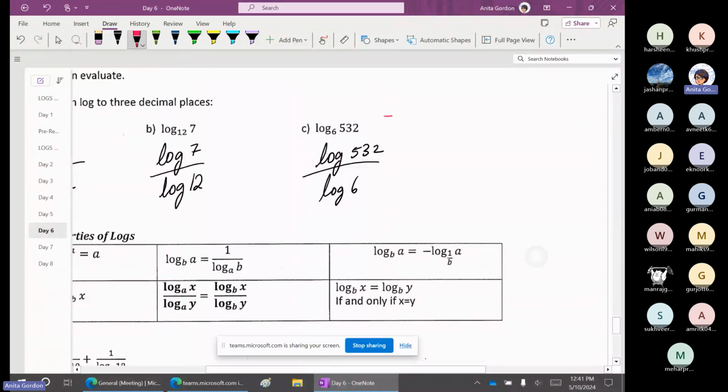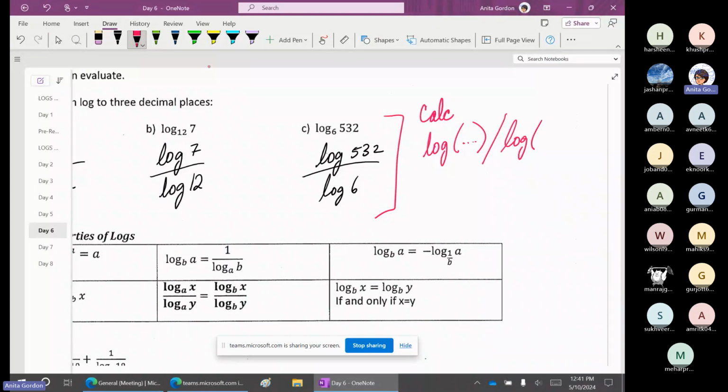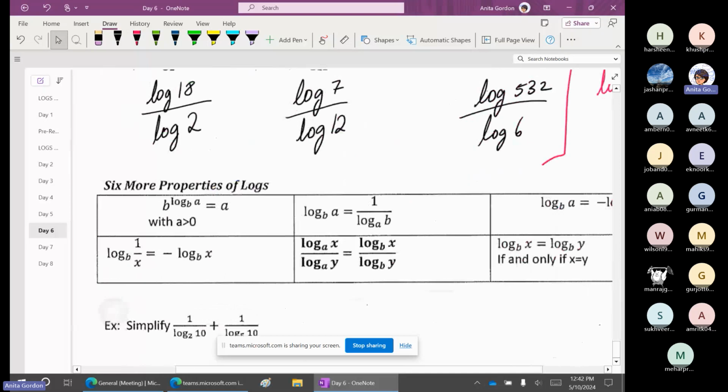Make sure that when you do this on your calculator, you use brackets: log bracket, blah blah blah, close the bracket, over log bracket, blah blah blah, close the bracket. Calculators and computers are not very good at understanding the notation unless you put brackets so that you can identify where it starts and where it ends. Some calculators and computers are smarter than others, but you don't know how smart or dumb your device is until it's too late. So be cautious, be smart, and do it this way.